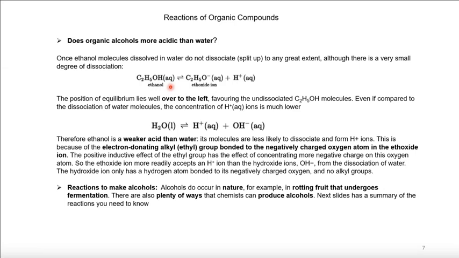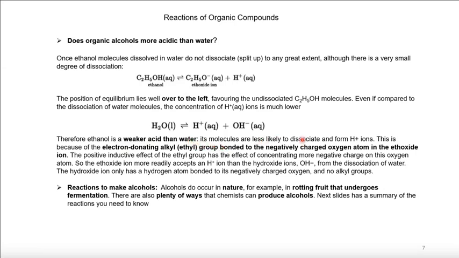Even compared to the dissociation of water molecules, this dissociation is less, and thereby organic alcohols are less acidic than water. We have to remember that. Therefore, ethanol is a weaker acid than water.